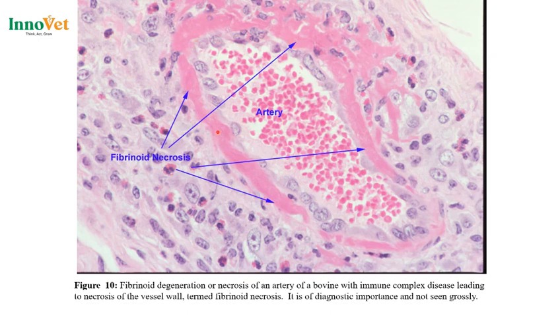This fibrin degeneration or necrosis in this artery of a bovine is due to an immune complex disease leading to the necrosis of the blood vessel wall, which we term as fibrin necrosis. It's diagnostic and it cannot be grossly seen, so it can only be seen under the histological sections or under a microscope.